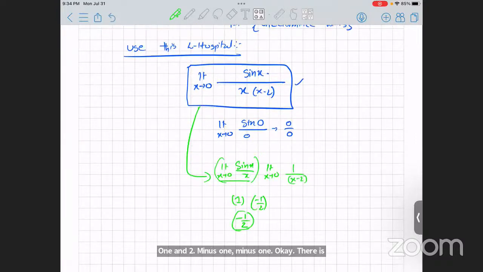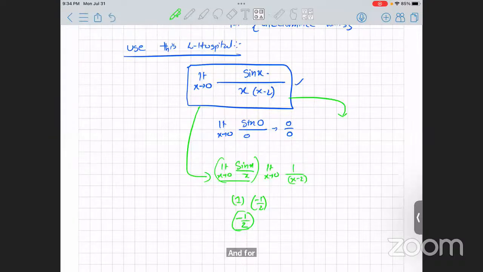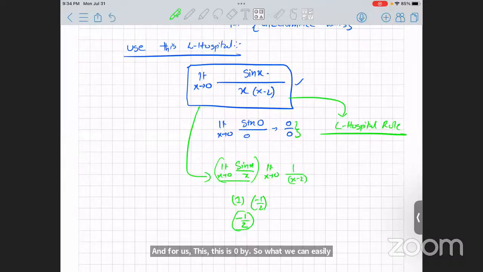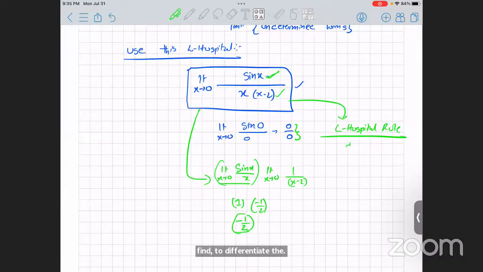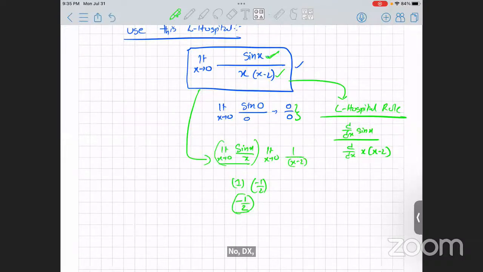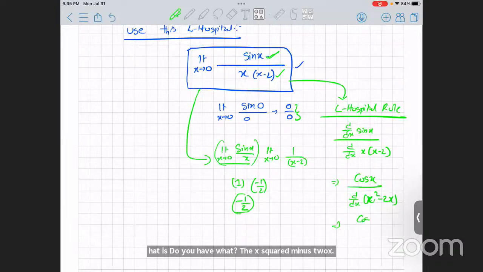There is another way, which is known as L'Hospital rule. This is 0 by 0 form now, so you can easily differentiate the numerator and differentiate the denominator. d by dx of sin x divided by d by dx of x squared minus 2x. d by dx of sin x is cos x, divided by 2x minus 2.